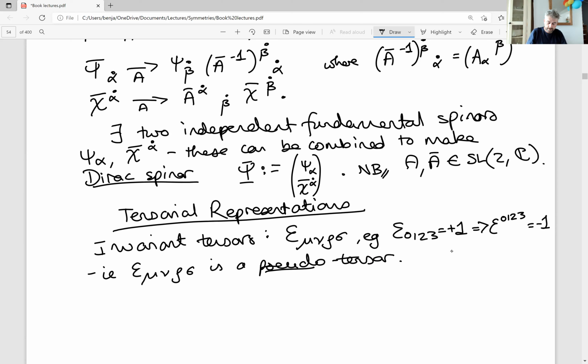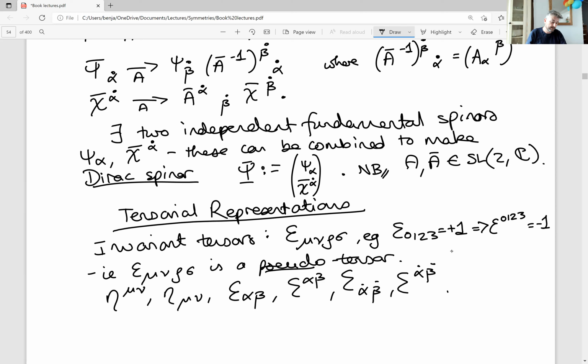And we also have eta mu nu, of course the inverse, and epsilon alpha beta, epsilon alpha beta upstairs, epsilon alpha dot beta dot, and epsilon alpha dot beta dot upstairs. So we have a lot of invariant tensors to play with.